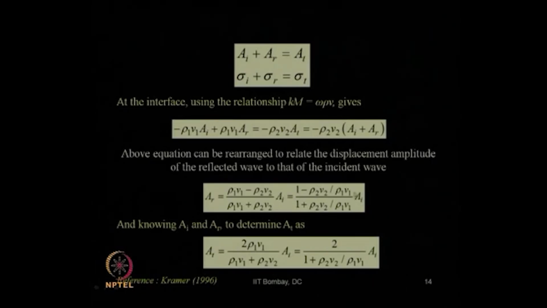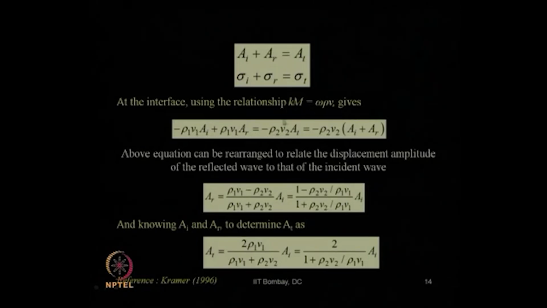The incident wave properties will be known. From a medium, we will know the stress and displacement of the incident wave. We now have to find out the stresses and displacements in the reflected and transmitted waves. That is what we are more concerned about in practice. So, this is the correlation.